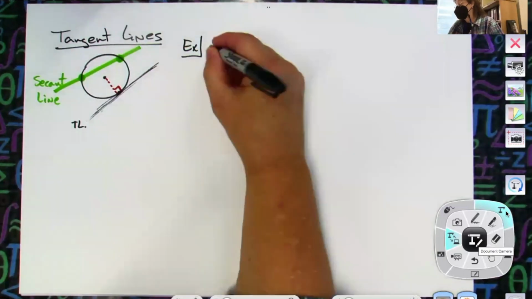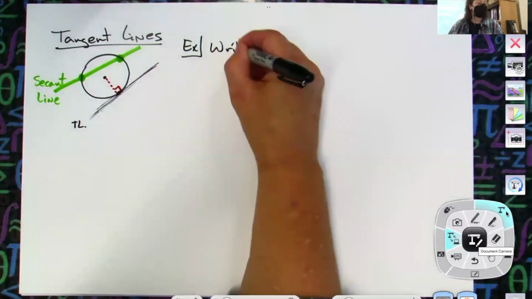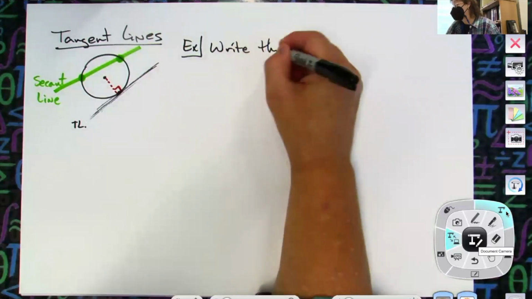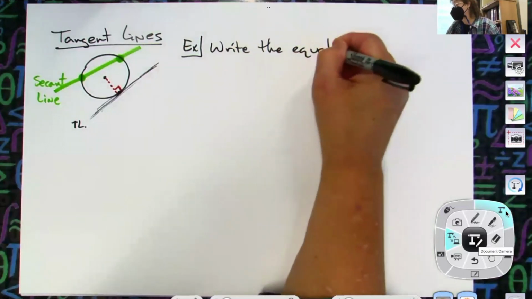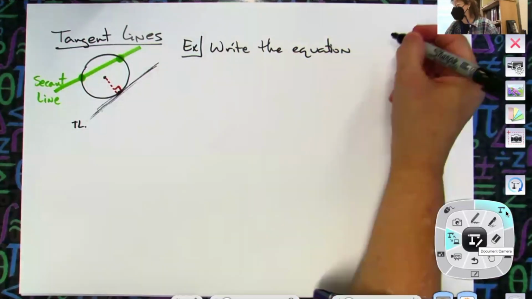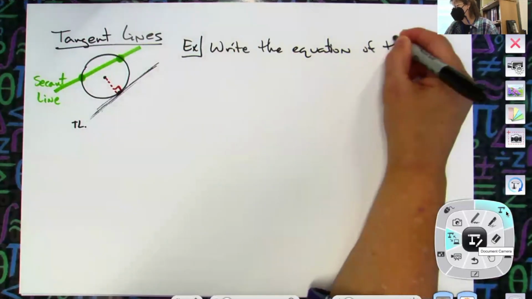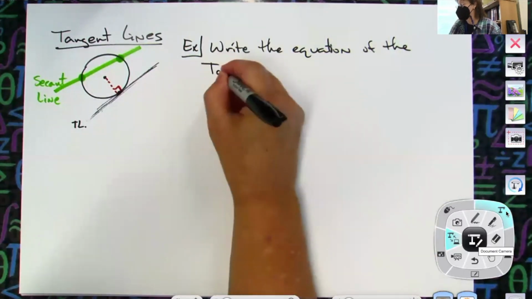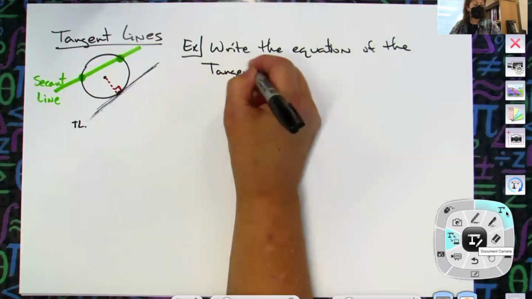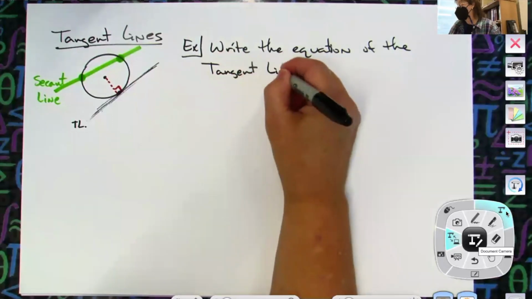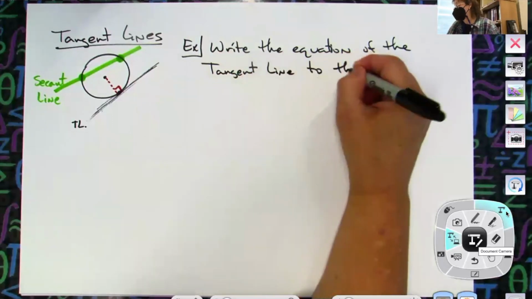What if it says write the equation of the tangent line to the circle.